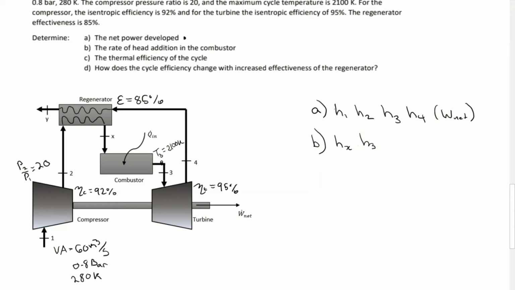Finally, thermal efficiency of the cycle. So this was Qn. And remember that thermal efficiency is going to be equal to our net power divided by our Qn. I'll add some dots where I missed them. Okay, so there's nothing new as far as finding enthalpies with this question. And then how does the cycle efficiency change with increased effectiveness of the regenerator?